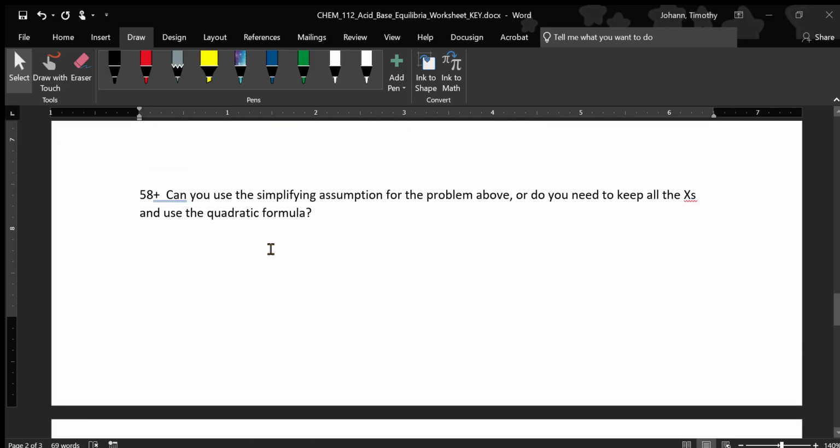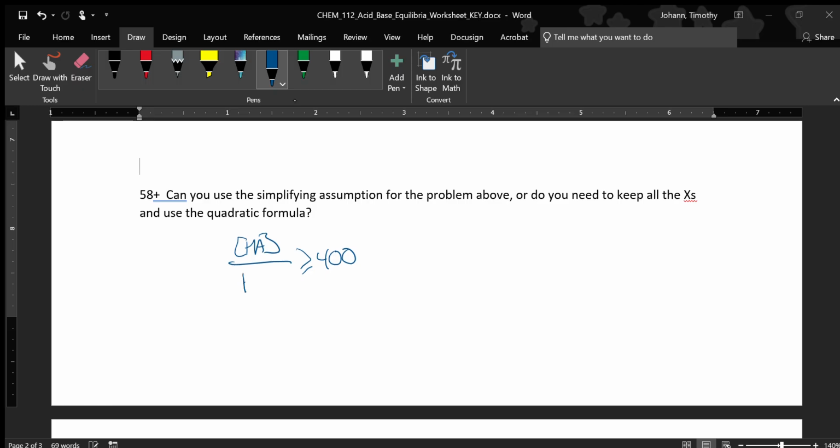So if you remember, our rule here is that the concentration of my acid has to be greater than 400 times whatever my Ka is, right? So if we look at that ratio, our acid concentration up above was 0.150 molar, and our Ka was 0.3.